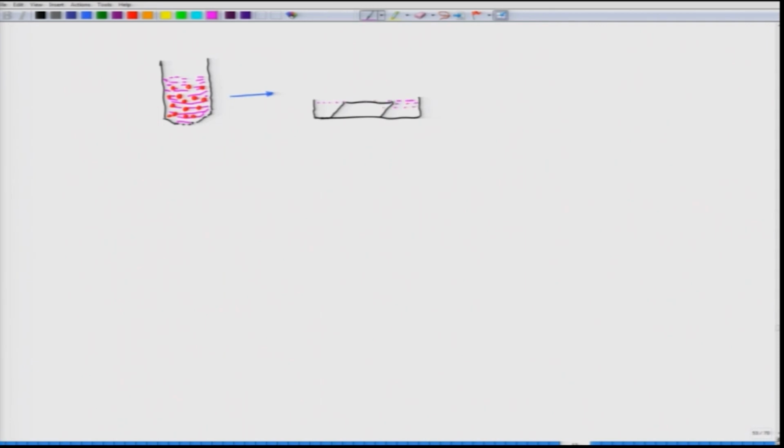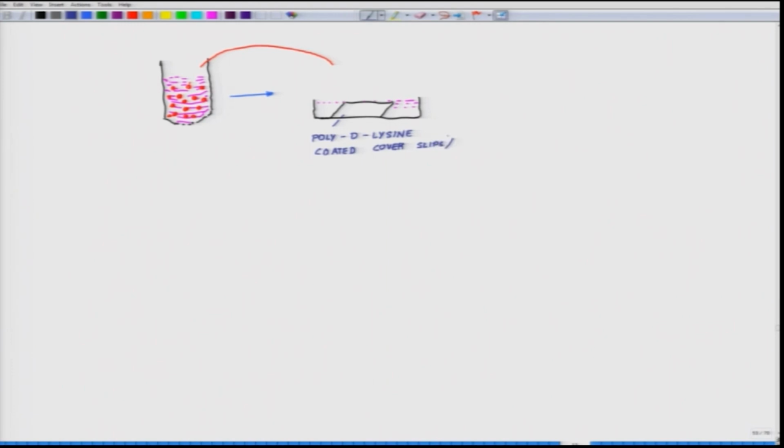Before putting medium, you take a small part of this cell suspension, and of course, I missed out on one point: these are poly D lysine coated cover slips or glass.